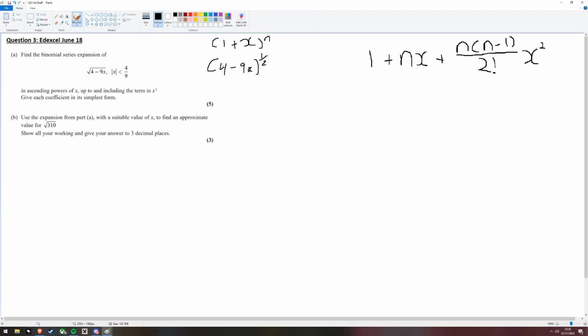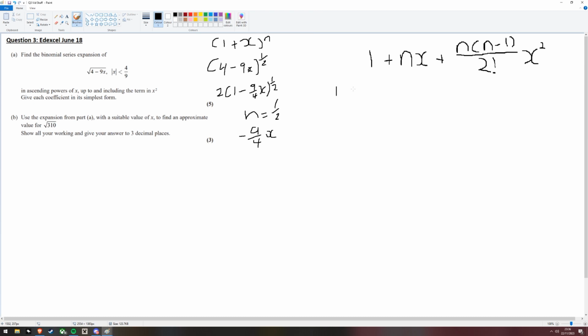Now we need this 4 to be a 1, so we can pull out 4 to the power of a half, which is just 2. So we get 2 times (1 minus 9 over 4 x) all to the power of 1 half. We're ready to sub in. n is equal to a half, and we're subbing in minus 9 over 4 x.